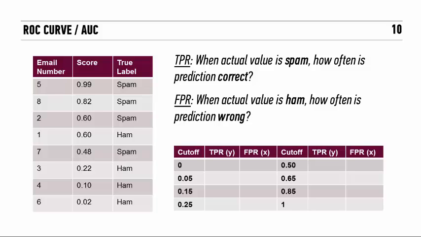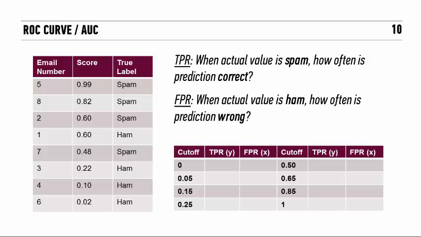So let's go ahead and go through this together. So when you have a cutoff value of 0, what is your true positive rate going to be? When the actual value is spam, and with a cutoff of 0, you're basically saying everything is spam. That's what the cutoff means. Predicting everything to be spam.